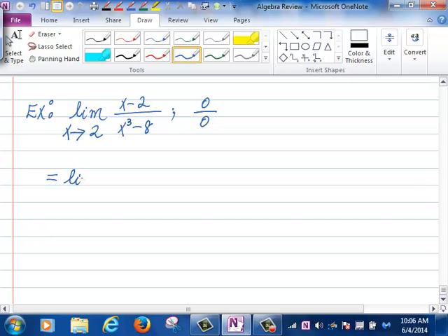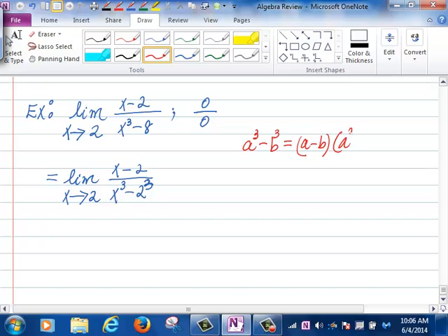Well, a long time ago when I reviewed algebra, I gave you a formula for cubes, right? This is x minus 2 over x cubed minus 2 cubed. Now, remember this formula that I gave you, okay? a cubed minus b cubed is a minus b multiplied with a squared plus ab plus b squared.